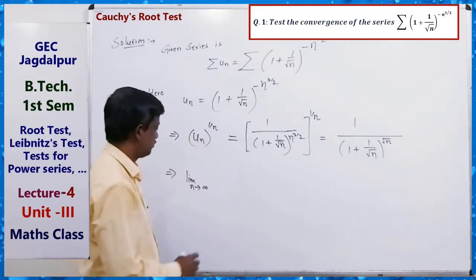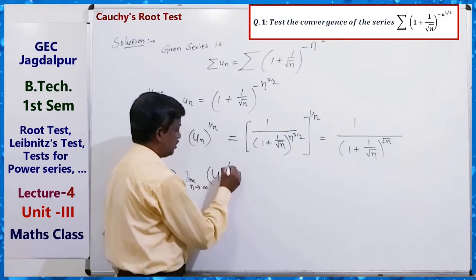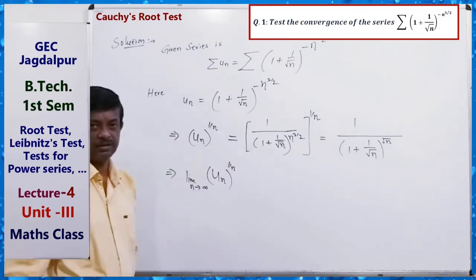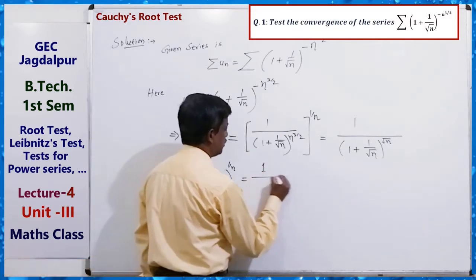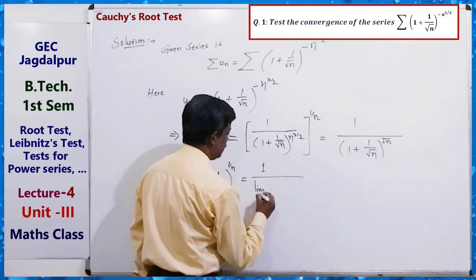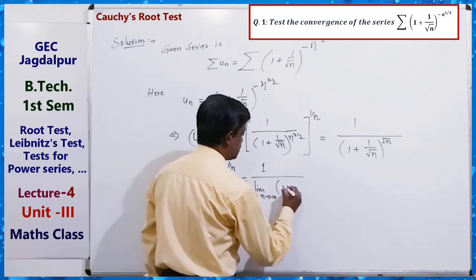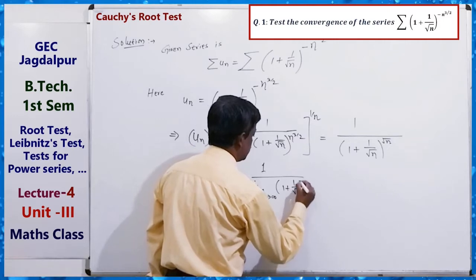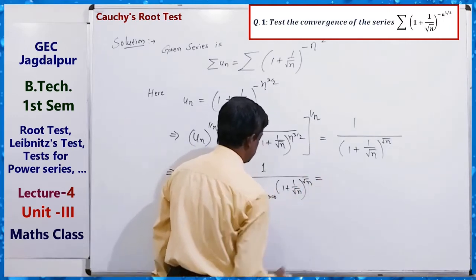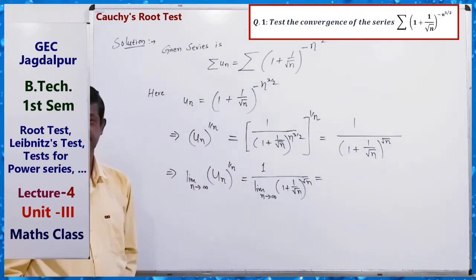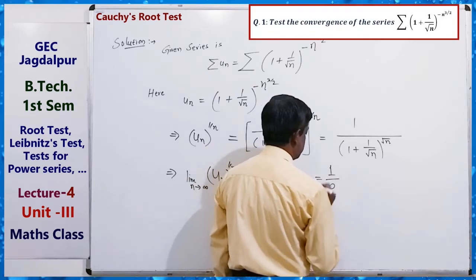The limit of un to the power 1 by n, that is the limit as n tends to infinity of 1 upon 1 plus 1 upon root n, to the power root n, equals 1 by e.